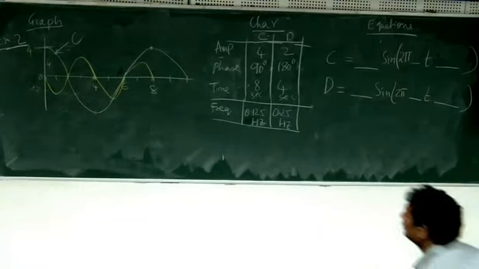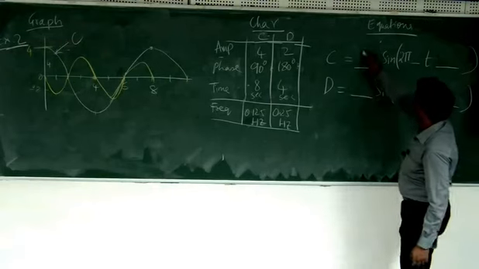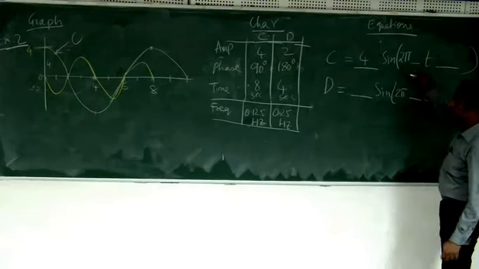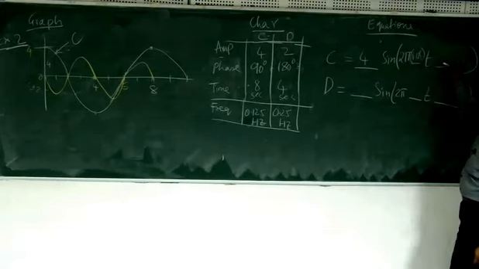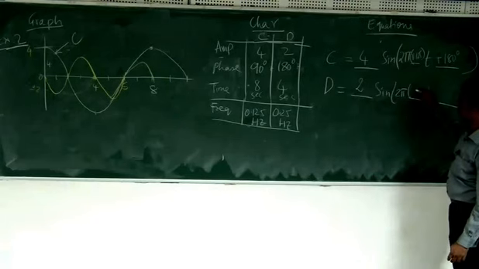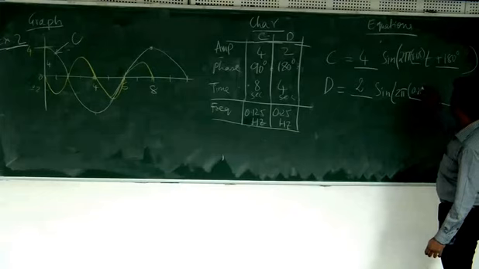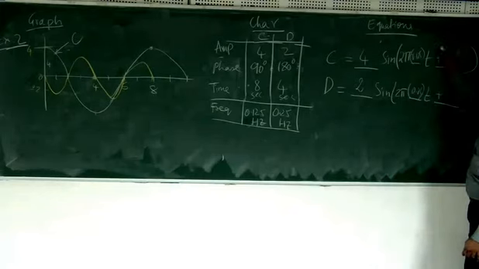And then the equation is very easy. Just 4, and then F is 0.125, and then the phase is plus 180. Oh, this is plus 90.